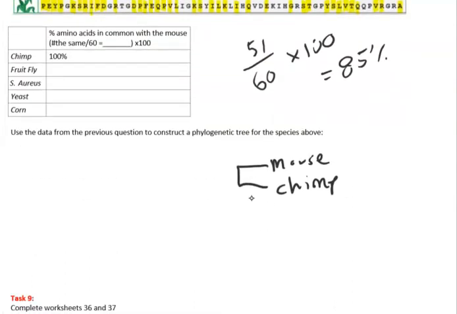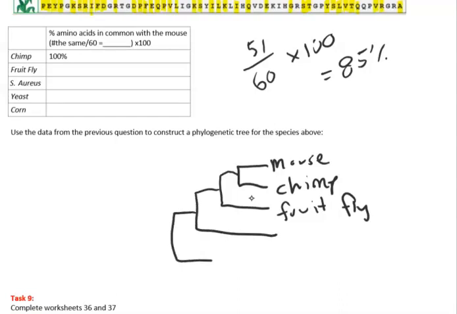And so on my phylogenetic tree, I can pop in another branch and put the fruit fly down here, because that one would have diverged earlier than the mouse and the chimp. And you are just working your way out, so the next most closely related, and so on, until you've finished with all your species, and you can give your phylogenetic tree an ancestral root. And that is it. That's all you're looking for. Good luck.